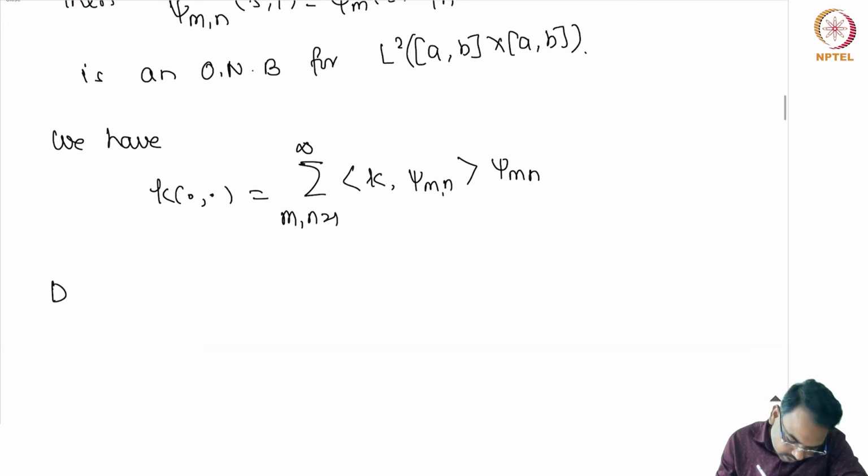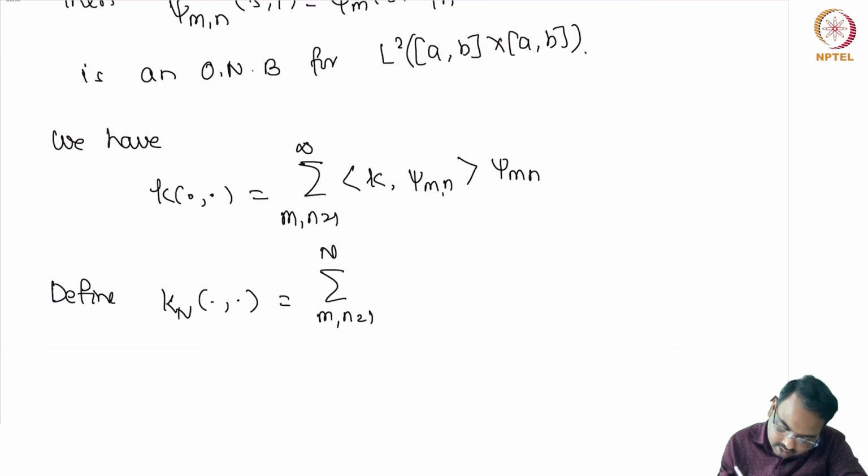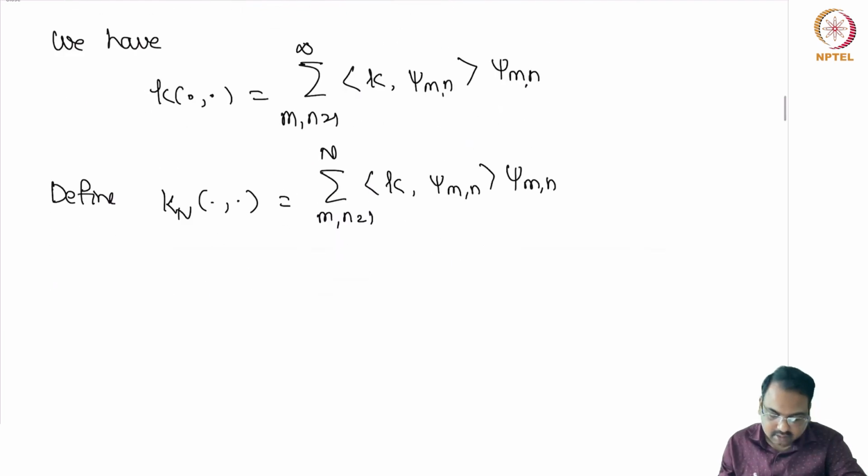Now define k_M, a two variable function, as the sum over m,n from 1 to M of the inner product of k with psi_mn multiplied by psi_mn.